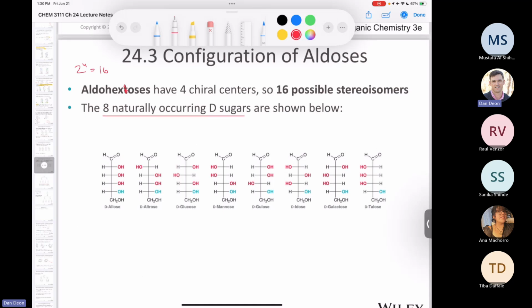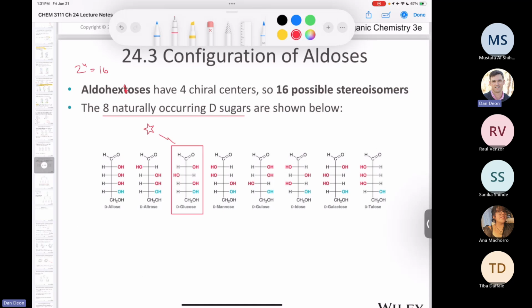We go from allose to altrose, and then we have D-glucose, which I'm going to put a star by because you should memorize the structure of D-glucose. The textbook says you should have the structure at your fingertips, which is just a nice way of saying you should have it memorized.